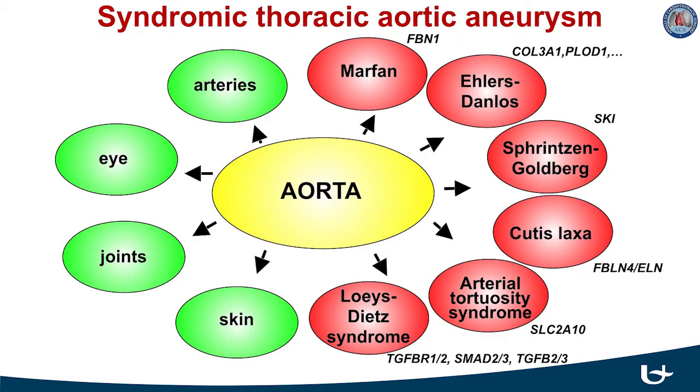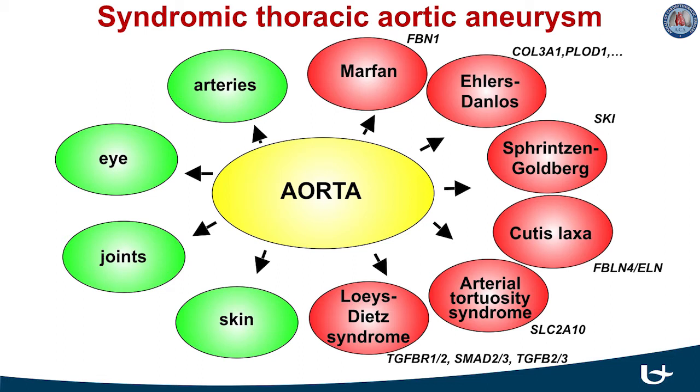In this presentation, we will focus on syndromic forms of thoracic aortic aneurysms. In this group of diseases, multisystemic involvement is typical. In addition to the aneurysm and dissections of arteries and aortas, multiple other organ systems are involved.